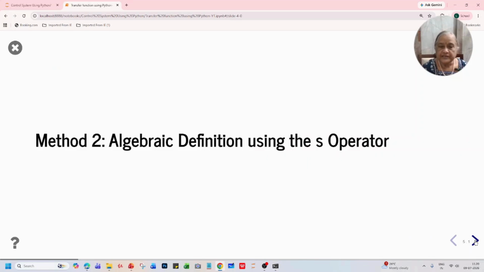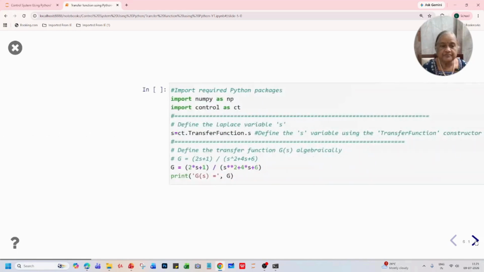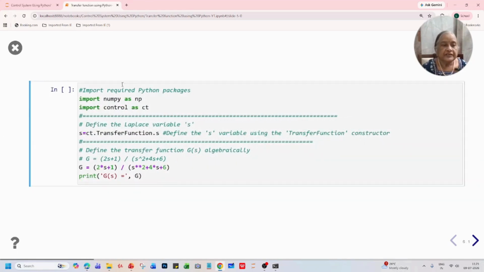The next method is by defining the s operator of the Laplace transform as an algebraic variable. Again, the first step is to import the necessary libraries, and next we define s using ct.TransferFunction.s. So we define s as an algebraic operator.